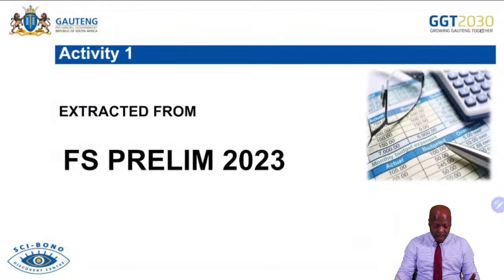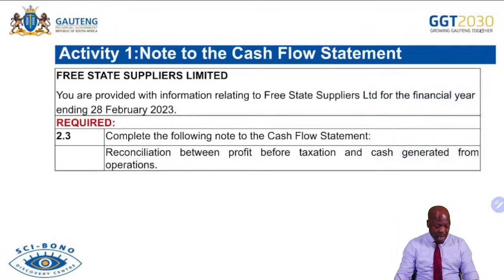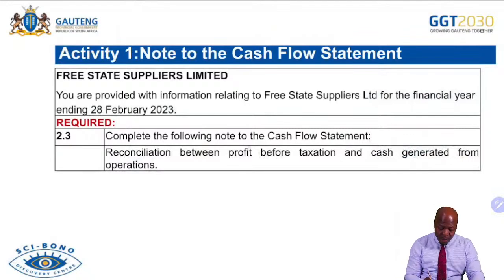What they did in their prelim paper, they brought in their cash flow question, and it reads, Free State Suppliers Limited. You are provided with information relating to Free State Suppliers Limited for the year ended 28 February 2023. Then they say, complete the following note to the cash flow statement. All right, so as we're preparing for the exam, you need to know this note to the cash flow statement.